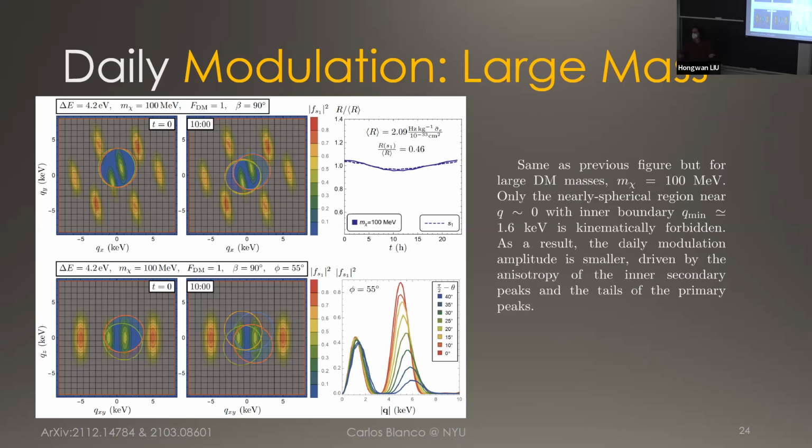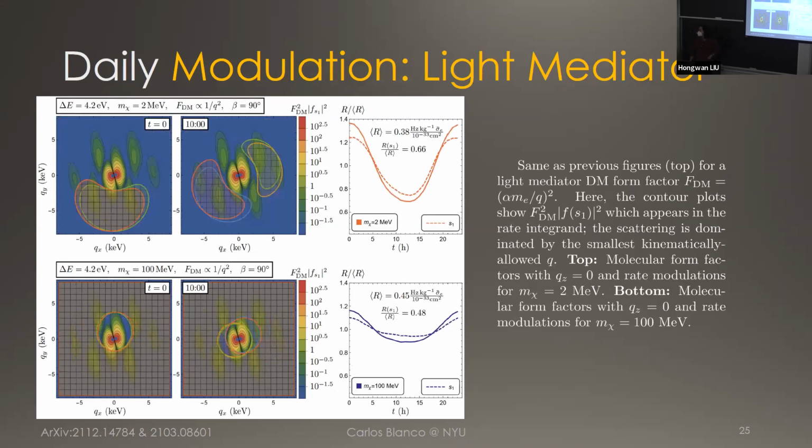It's the minimum momentum that you need to drive delta E. And so our intuition would lead us to believe that if these inner features were over accentuated, for example, by a light mediator, that would have the highest modulation amplitude, and that's exactly what we see. This is why the light mediator case has modulation amplitudes of 25% at any mass, at least.